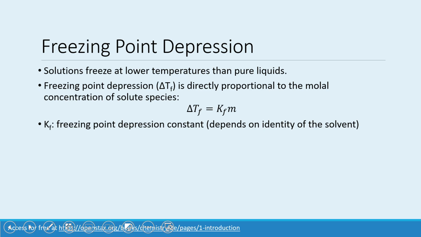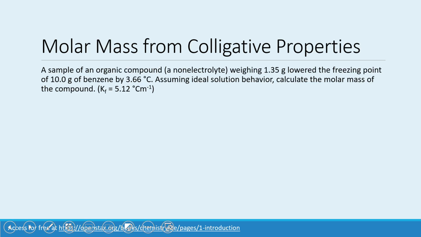The change in that freezing point is going to be equal to the freezing point depression constant times the molal concentration of the solute, and that constant is still going to depend on the identity of the solvent. Just keep in mind that your freezing point depression constants are different than your boiling point elevation constants. So just make sure that you're pulling the right K value from the table.